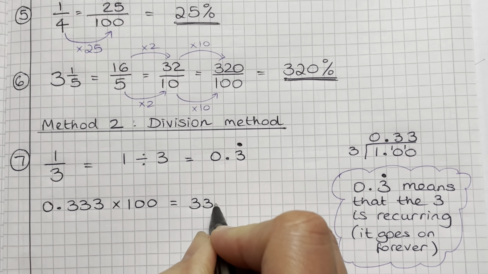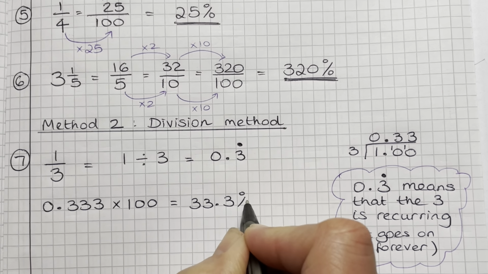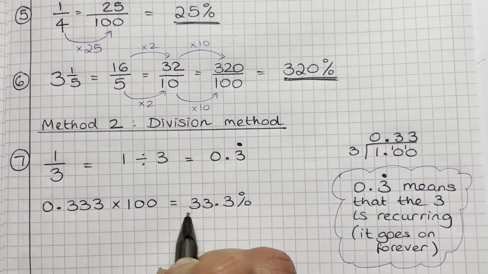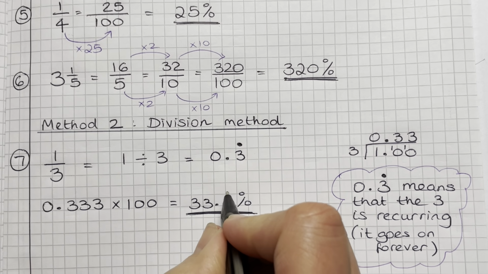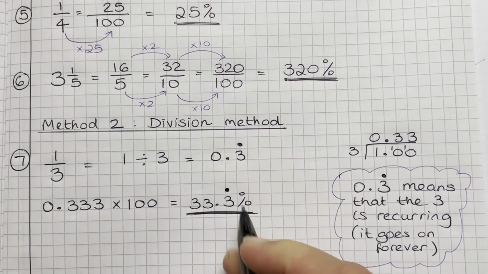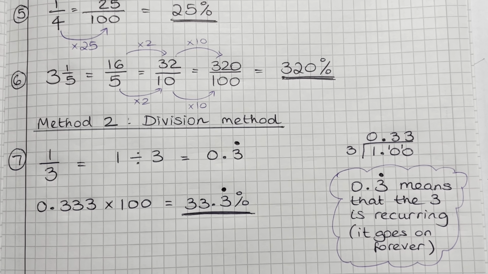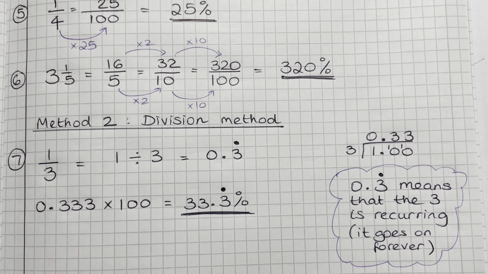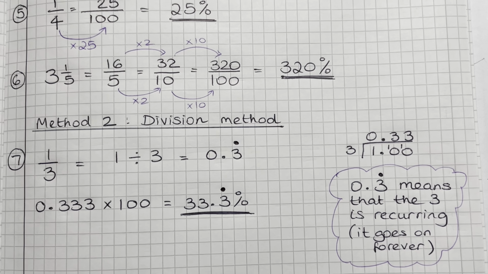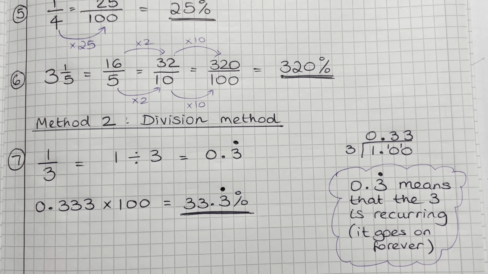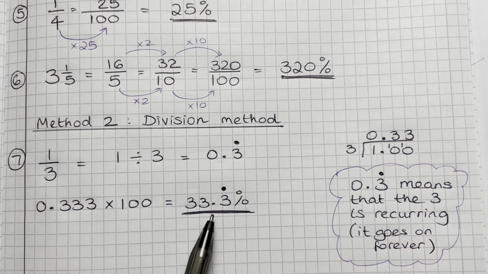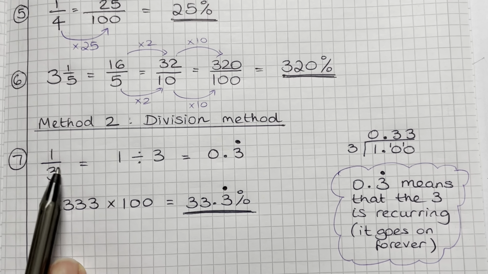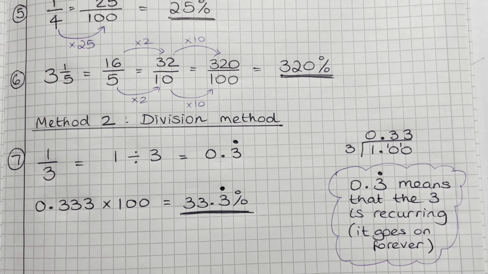That's going to give me 33.3% to 1 decimal place, or I can put my recurring dot there that tells me the 3 goes on forever. Okay, so that's how we get a percentage when we cannot easily convert our denominator into 100.